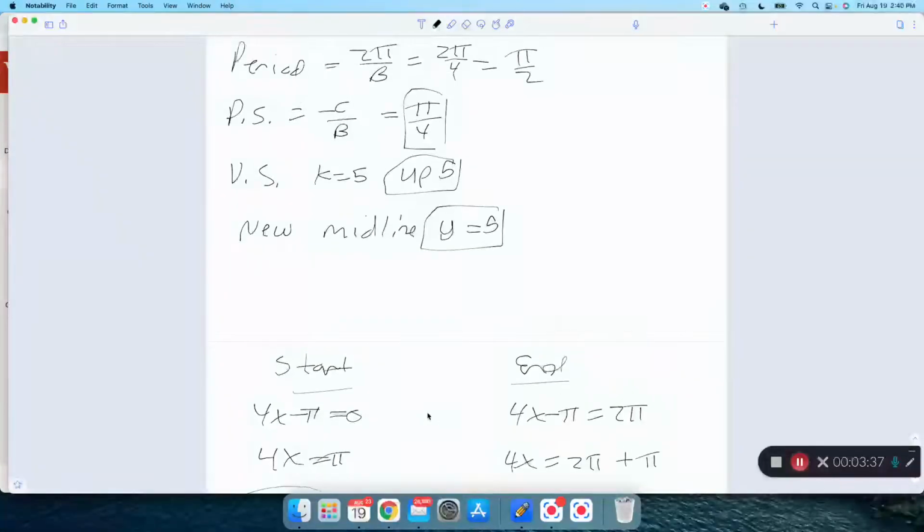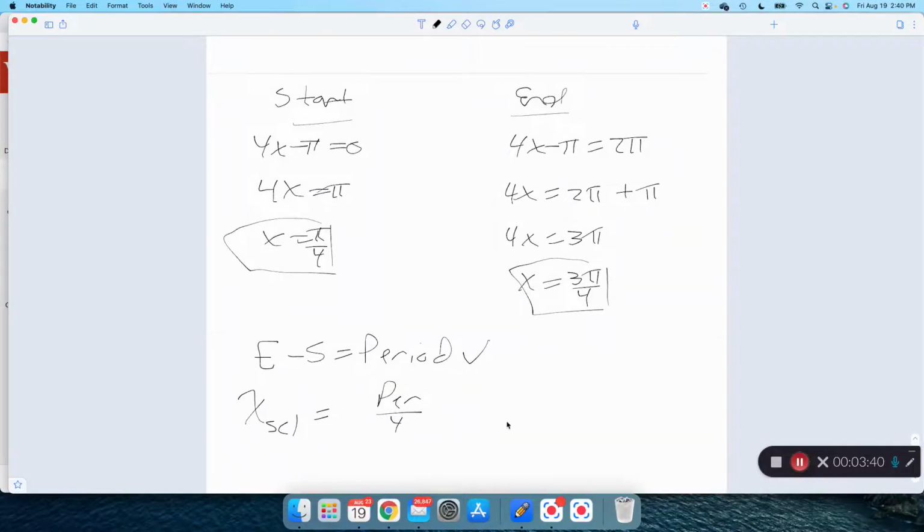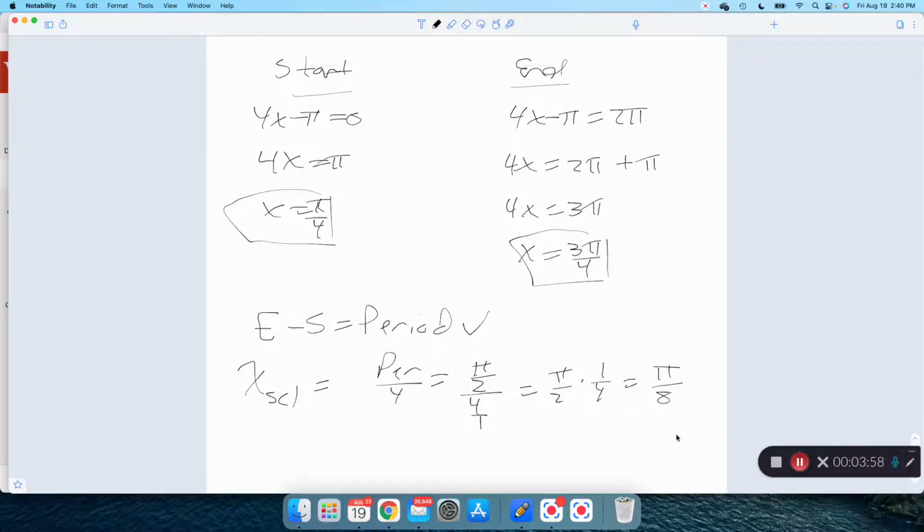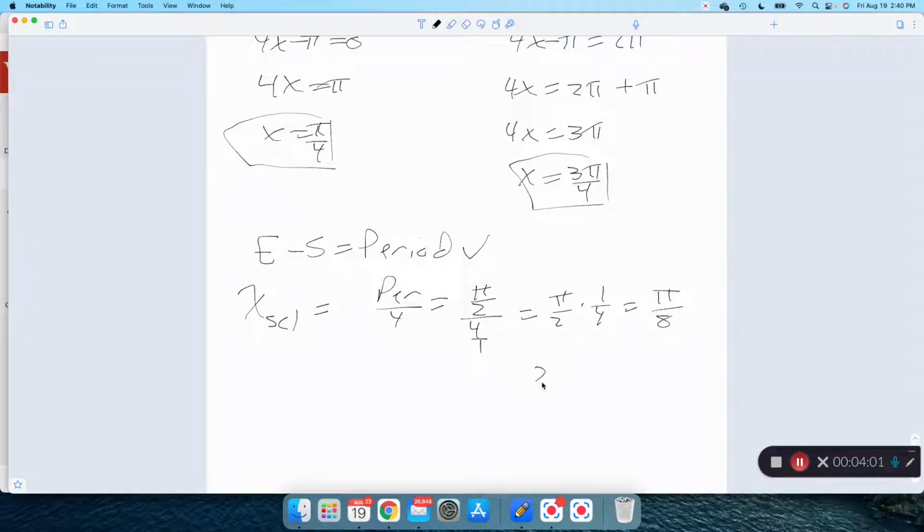I'm going to reduce it because I know right here I'm going to have pi over 2 over 4, which is pi over 2 times 1/4. That's pi over 8. If I had left it alone at 2 pi over 4, my scale would be 2 pi over 16. Perfectly fine. Everything would work out fine. It's just going to be a little easier if I simplify. So I'm going to use the pi over 8.